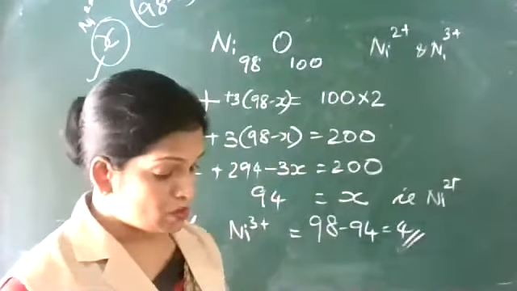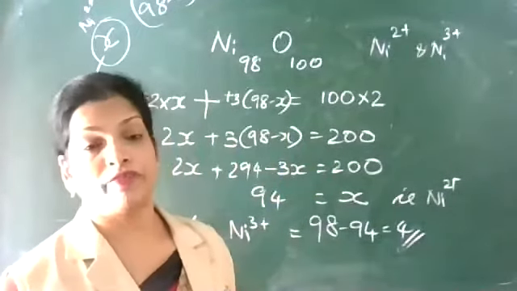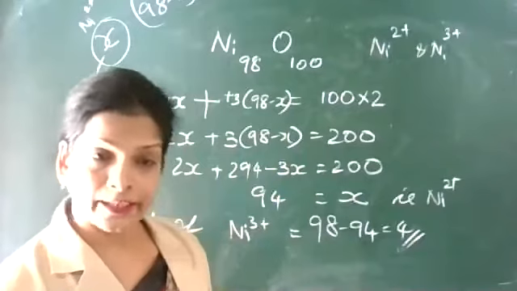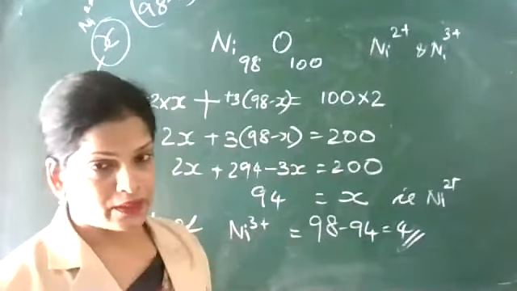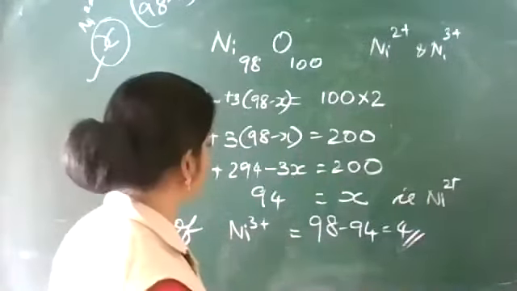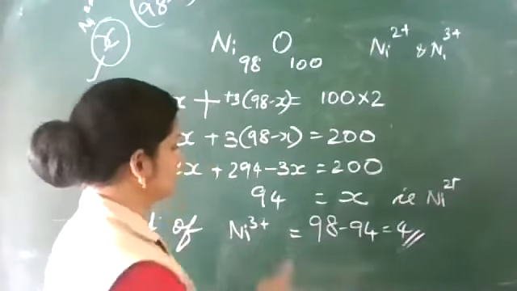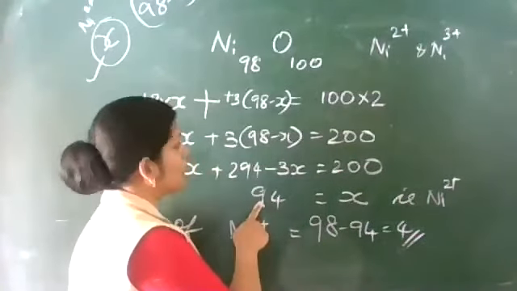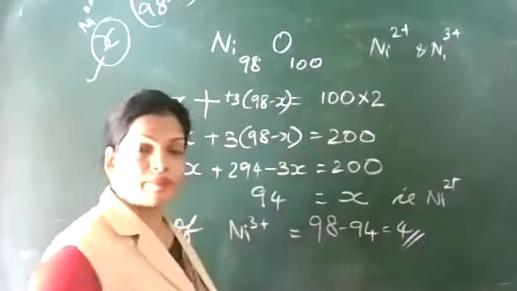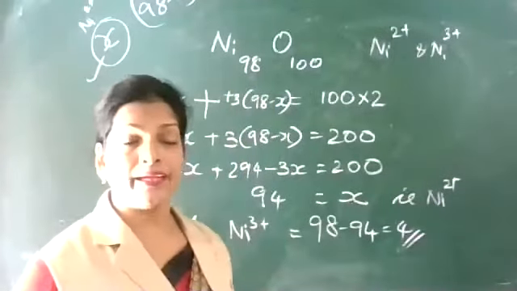Now the question is, what fraction of nickel exists as Ni2 plus and Ni3 plus? So what is the fraction of Ni2 plus? Ni2 plus fraction is 94 upon 98.